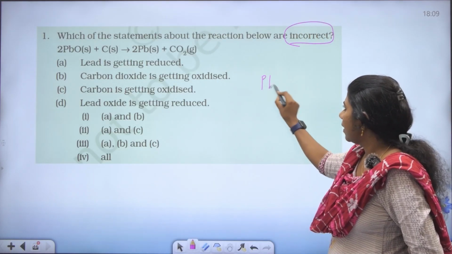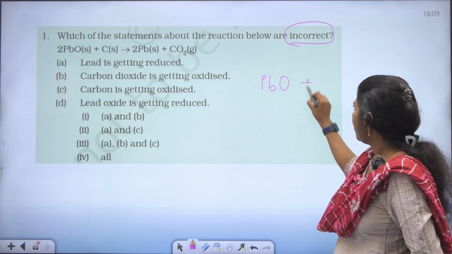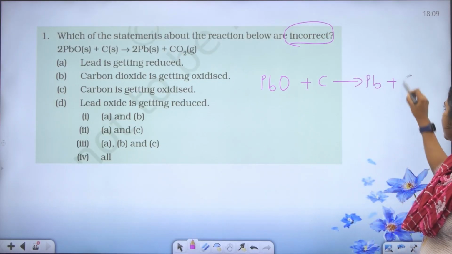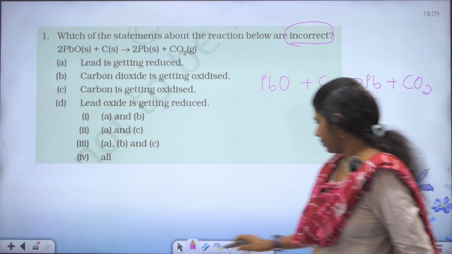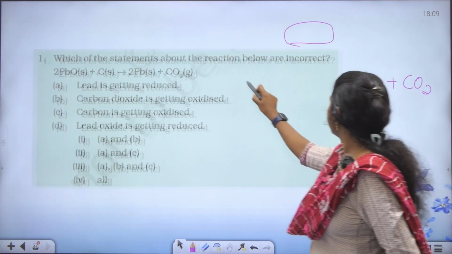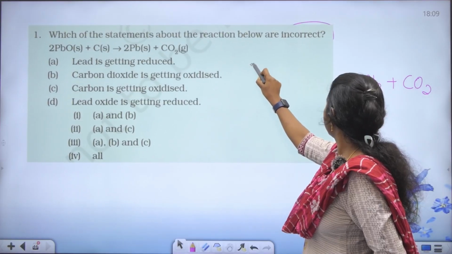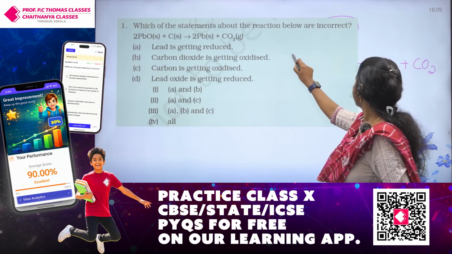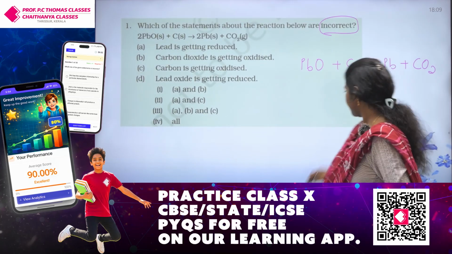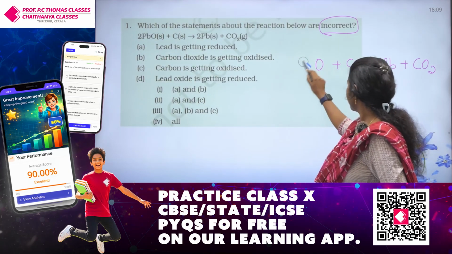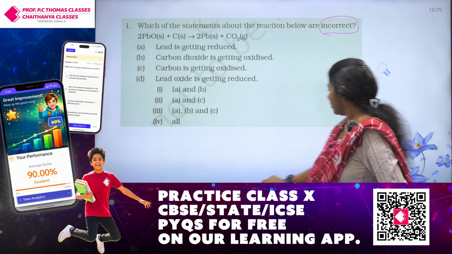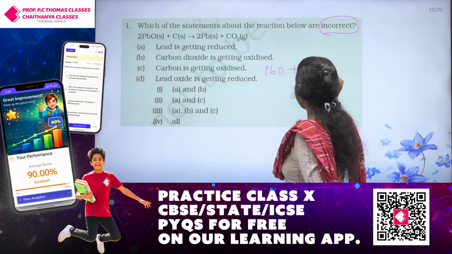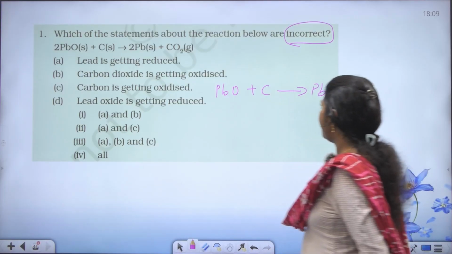Then do this: PbO plus carbon gives Pb plus CO2.